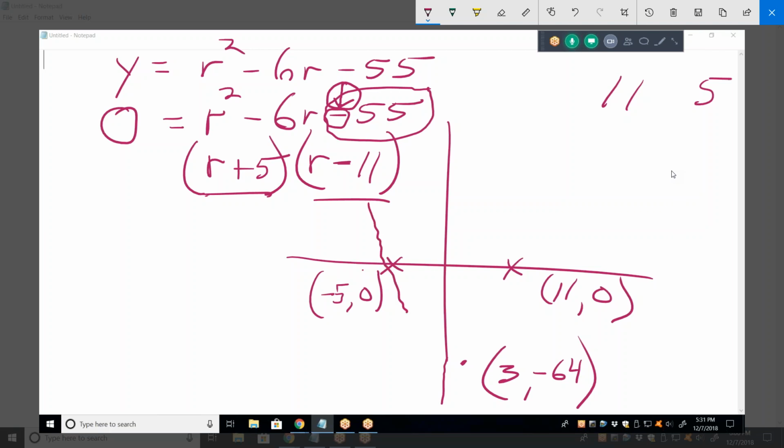Once you've got 3 points, you can draw your parabola through those 3 points. So those were like 4 problems that all had to be done a little differently. In other words, they didn't want us to just graph this. They actually wanted to know where the x-intercepts were also. If they just wanted us to graph it, I'd figure out that point first, then that point, and I would have my 3 points.